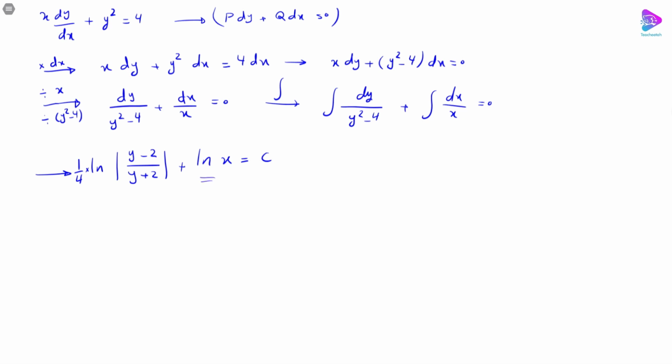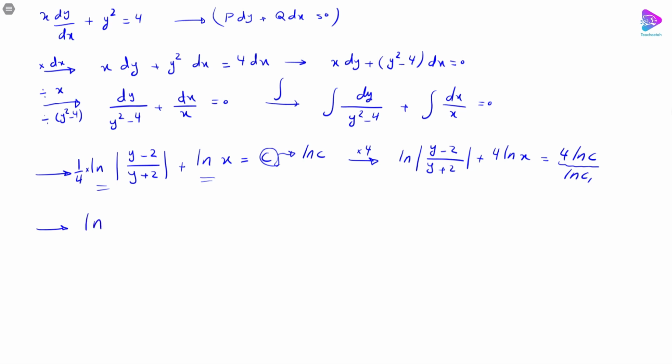But because on the other side of the equation I have ln, I'm going to change this to ln c, because ln c is also a constant that would make it easier for me to get to the final equation. So what I'm going to do now, multiply everything by 4 to get to ln (y minus 2) over (y plus 2) plus 4 ln x equal to 4 ln c. Again, I can rewrite this as ln c1.